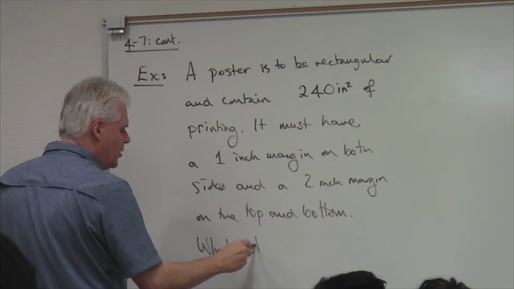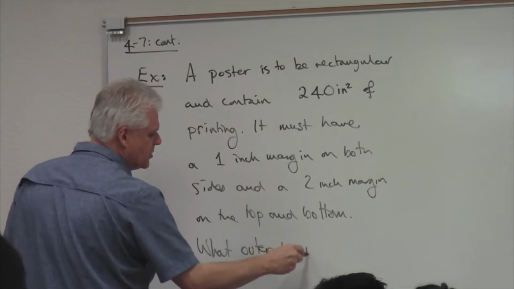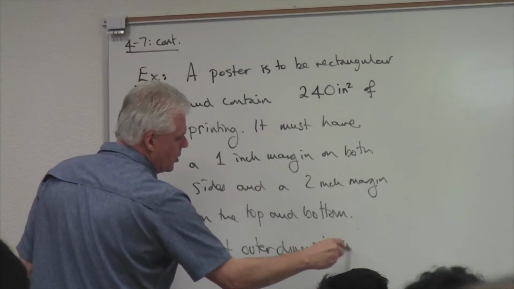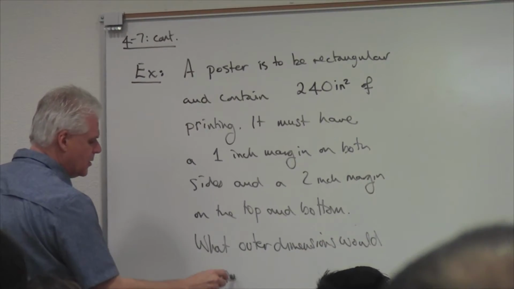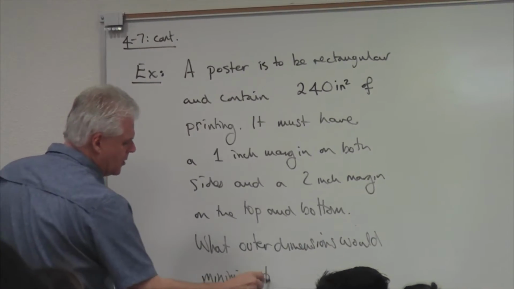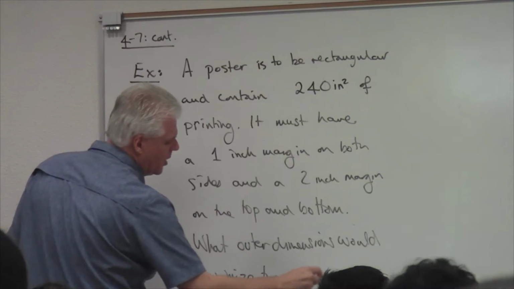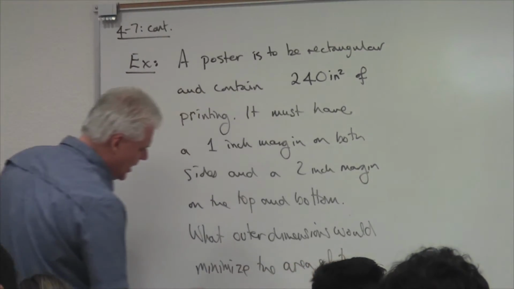What outer dimensions would minimize the area of the paper?